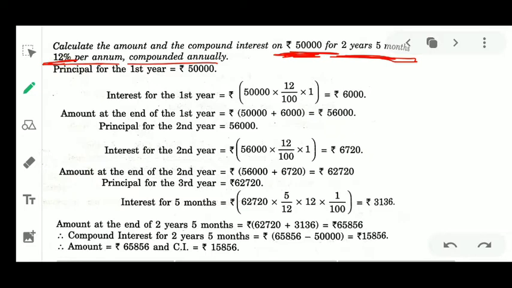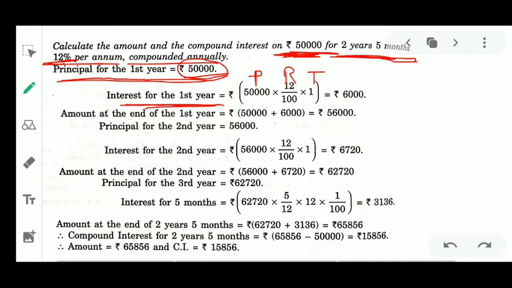So first write down the principal for the first year equal to 50,000. We'll find out first the amount for the first year. Then interest for the first year will be what? Interest for the first year is, by the formula, P into T into R by 100. So here P is 50,000, 12 is the rate, and 1 is the time, that is 1 year.